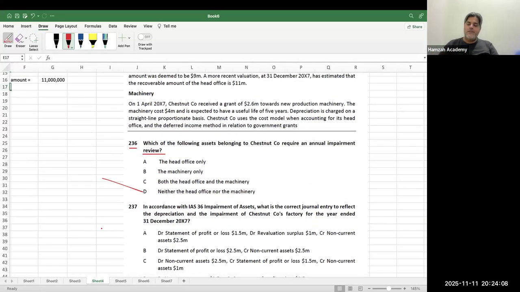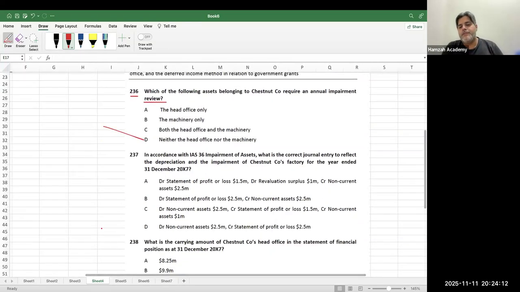Then in 237, in accordance with IAS 36 Impairment of Assets, what is the correct journal entry to reflect the depreciation and the impairment of Chestnut Company's factory for the year ended 31st December 20x7?